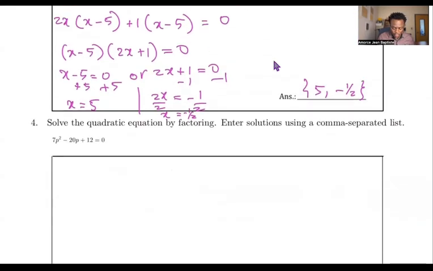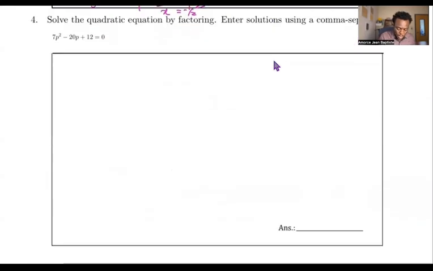And finally, we have this example here, where the a is not 0, and not 1. A is not 1. We would multiply a and c. AC equals 7 times 12. That is 84.